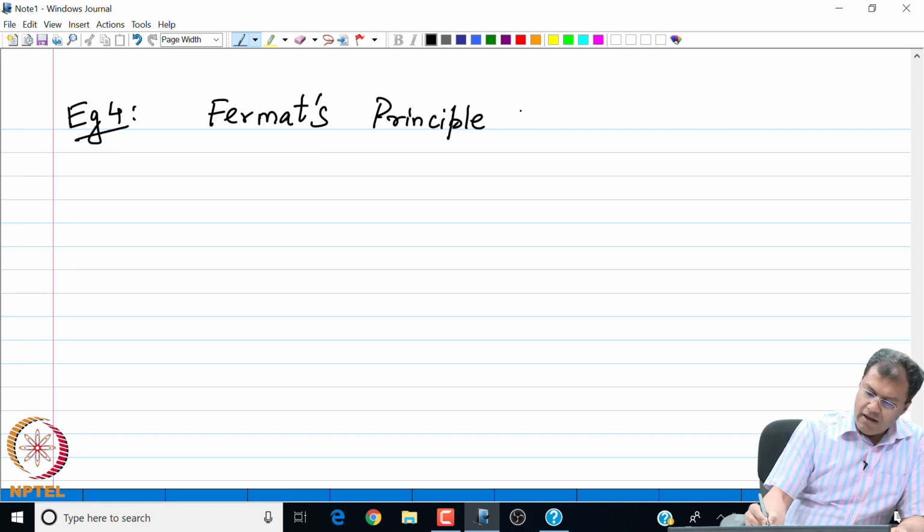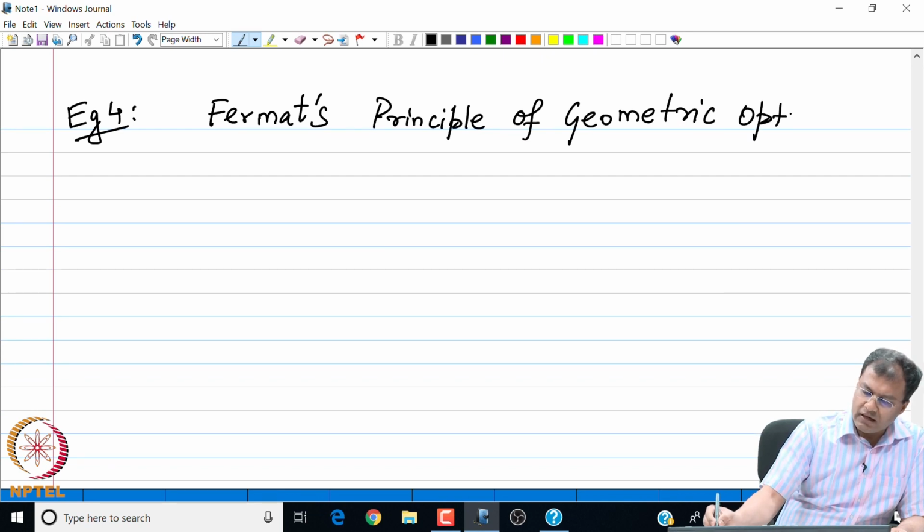Namely, if we have different media, the light follows a path such that a certain relation is satisfied. Students in class 12th are taught certain relations on how light travels through different media. In today's lecture, I am going to show how to get that result using calculus of variations.